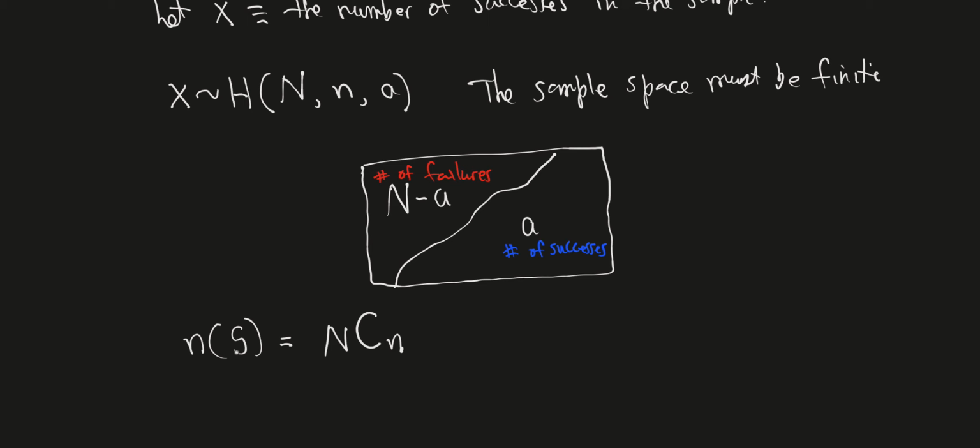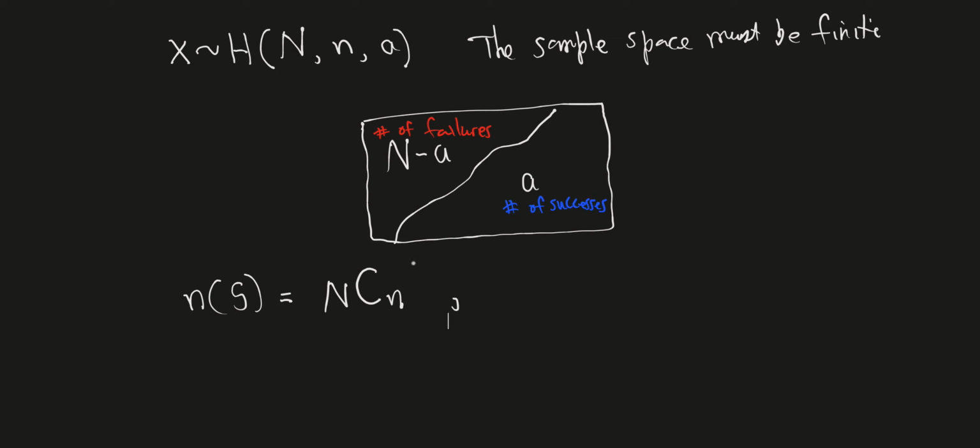The reason why I'm using this notation is because I'm going to use that classical approach of probability theory to say, okay, well, what is the probability that x is a particular number, right? Now, we want to then try to figure out the number of successes. So how many ways can I get a success choosing little n out of big N if there are A successes in my population, right?